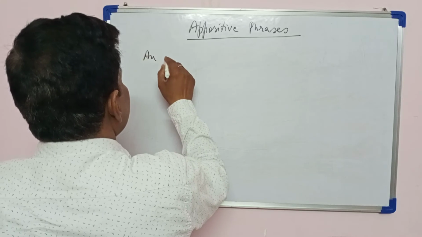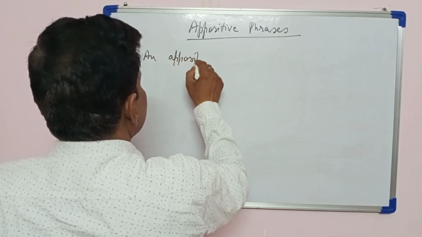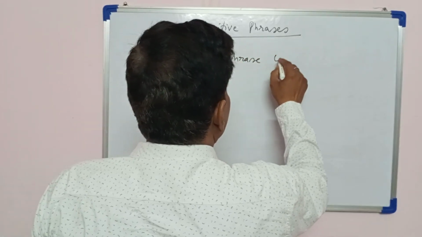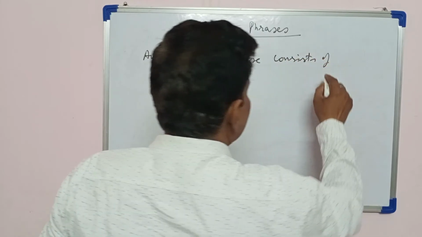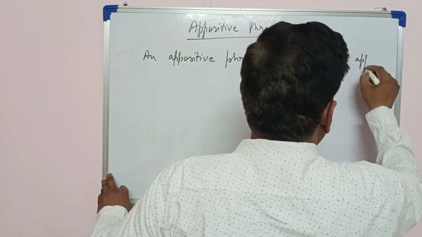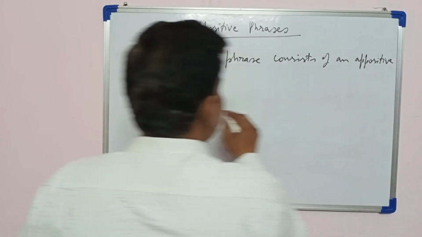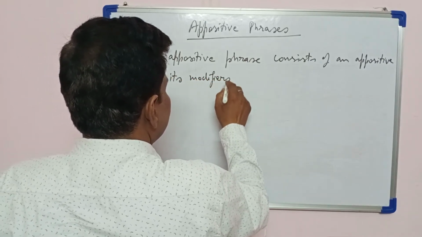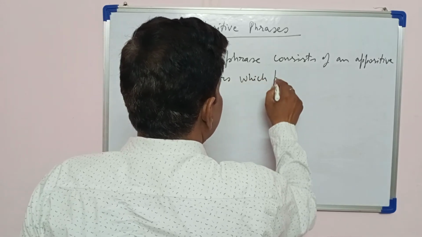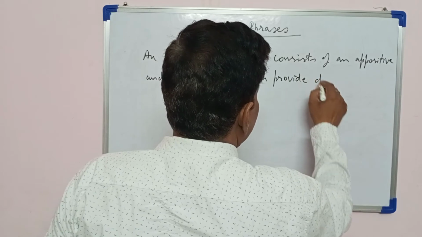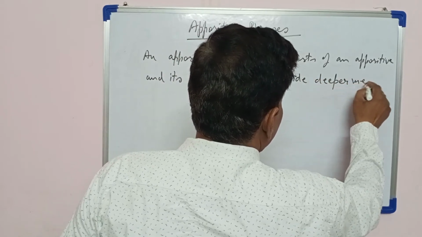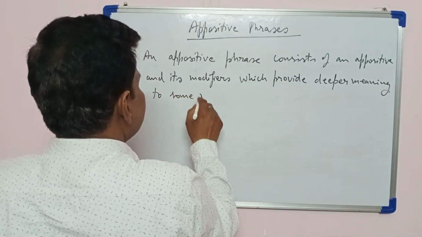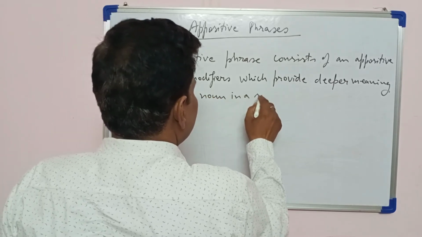An appositive phrase consists of an appositive and its modifiers which provide deeper meaning to some noun in a sentence.